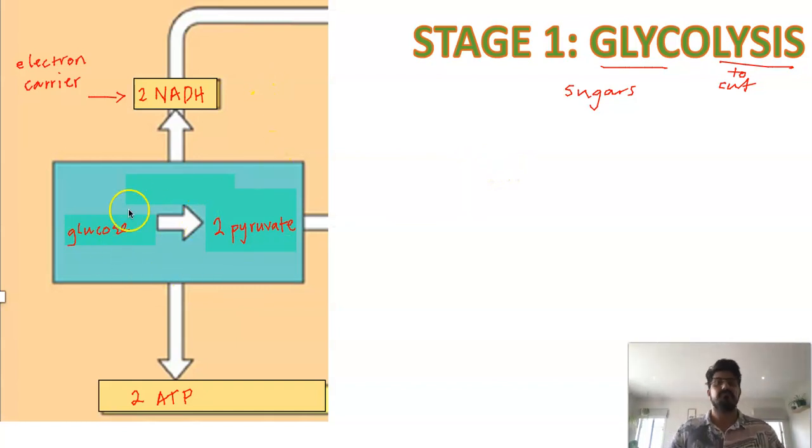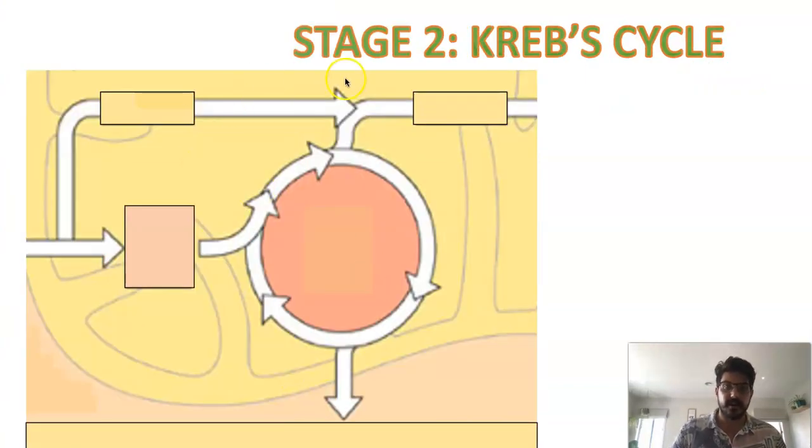All right. So here is where we have to check for oxygen. Check for oxygen. Oxygen is present. Great. It's time to move from the cytosol, where this is happening, so this is happening outside of the mitochondria in the cytosol or cytoplasm, into the mitochondria itself for stage number 2, which is the Krebs cycle or citric acid cycle.